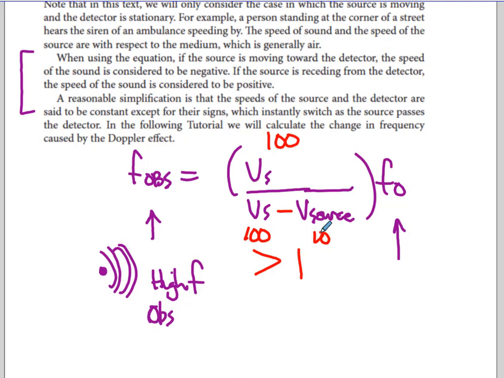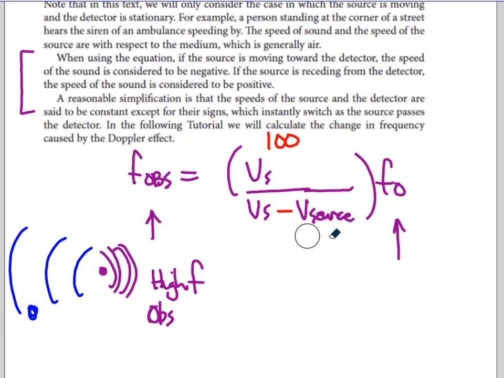Okay, now if you are behind, let's change this to blue. If you are behind and these frequencies are farther apart, then you expect the original frequency to go down. Well, if I want the frequency to go down, I do not want to subtract the source.